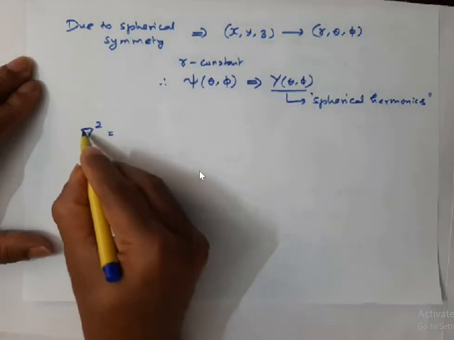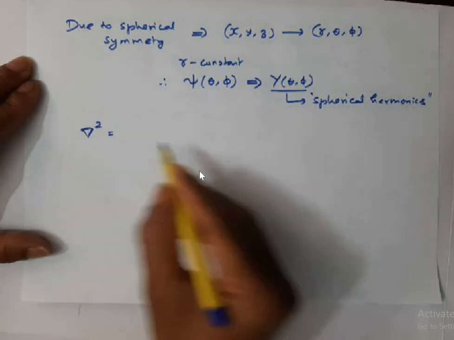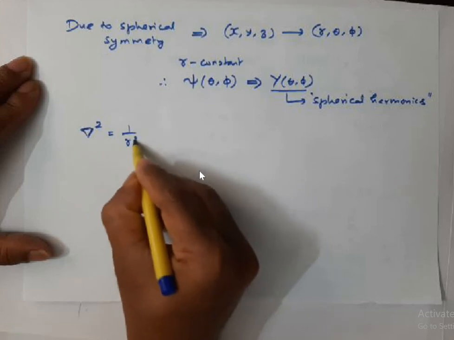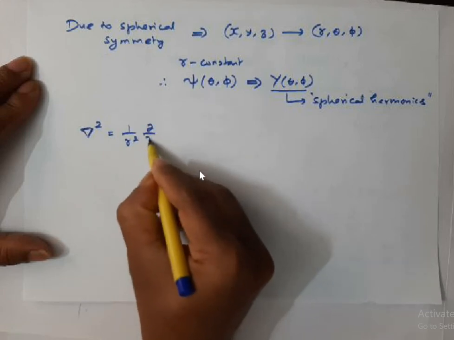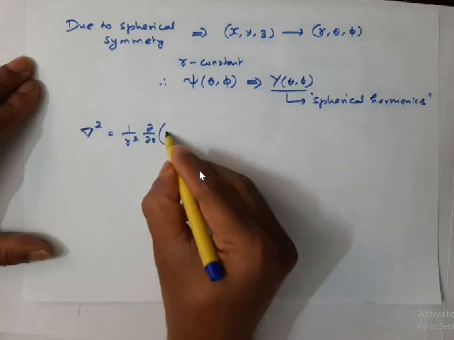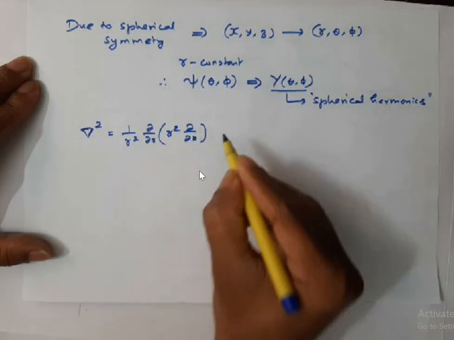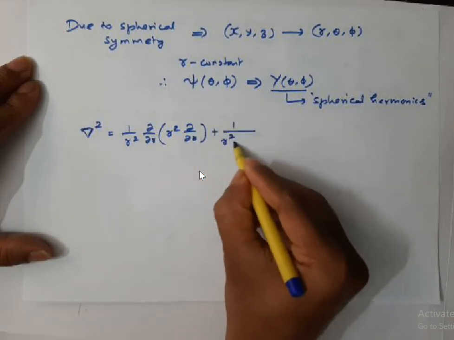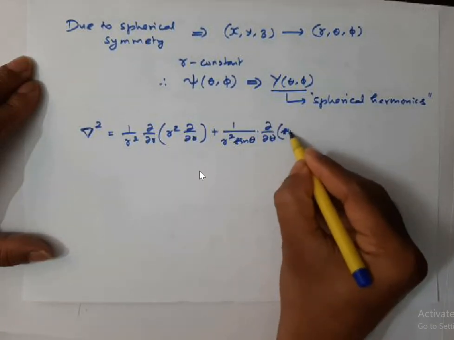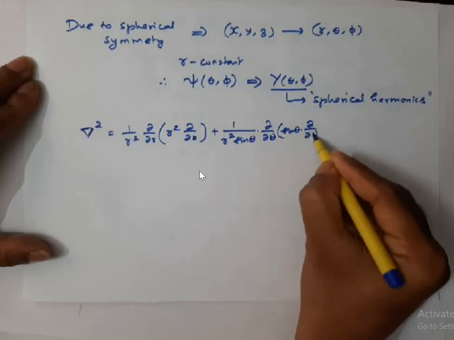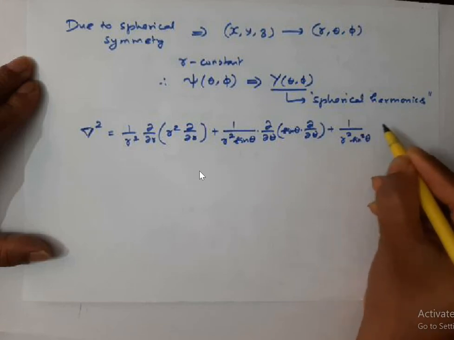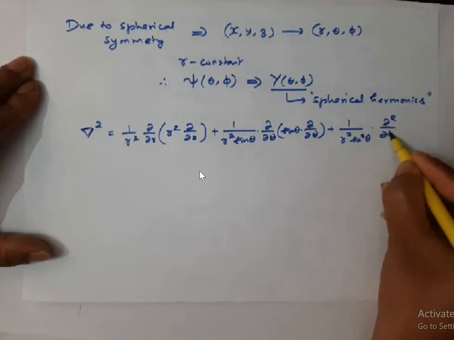The equivalent term is 1 by r square dou by dou r into r square dou by dou r, plus 1 by r square sin theta into dou by dou theta into sin theta dou by dou theta, plus 1 by r square sin square theta into dou square by dou phi square.